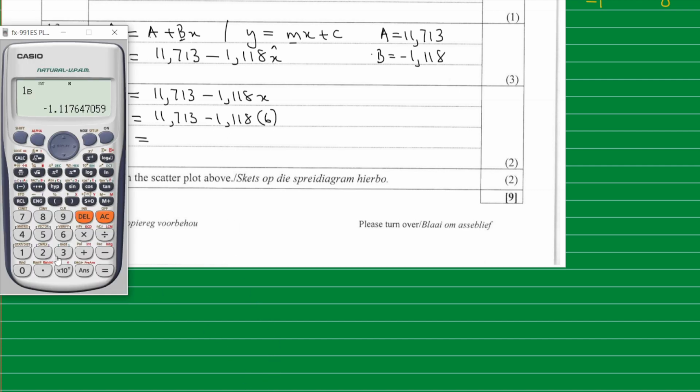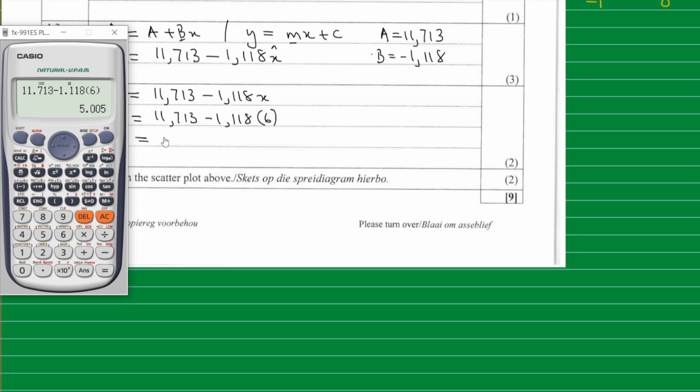Let's get it there. So what do I have? 11.713 minus 1.118 times 6. I entered the 3 twice there, so delete one of them. 1.118 by 6. So this is the answer. That is 5.005.